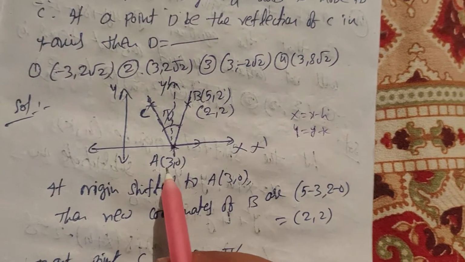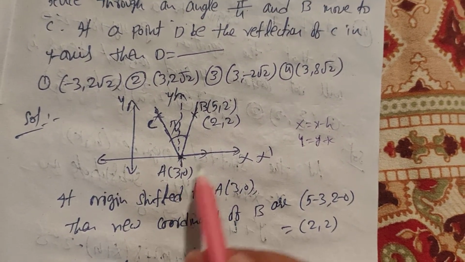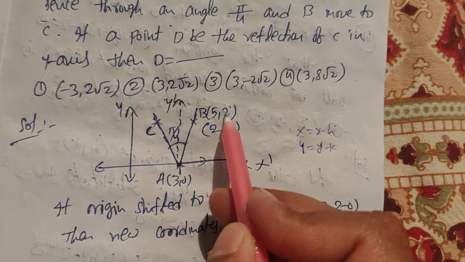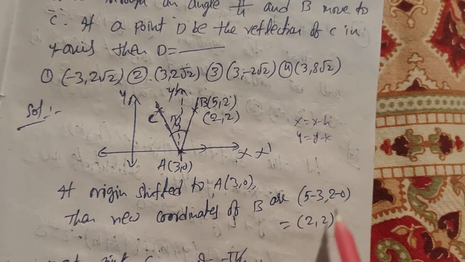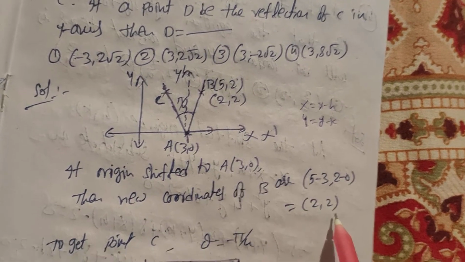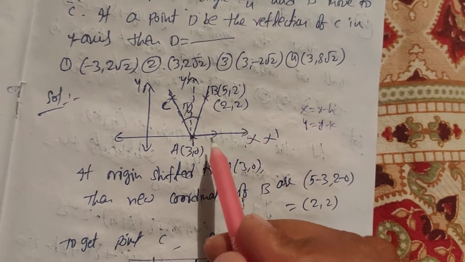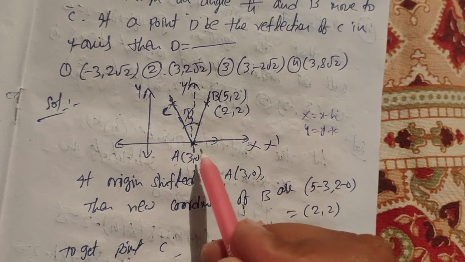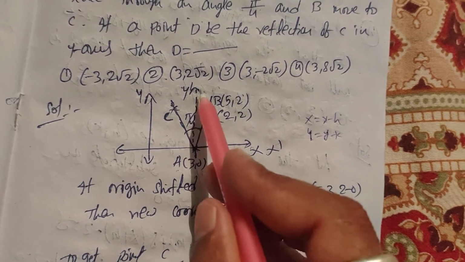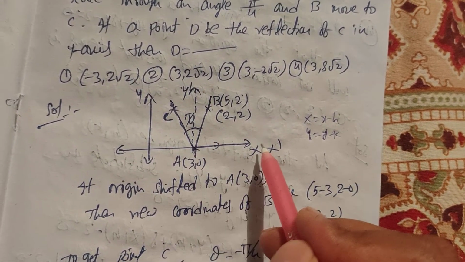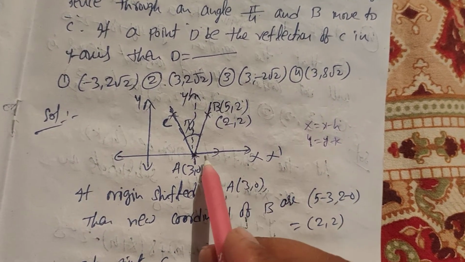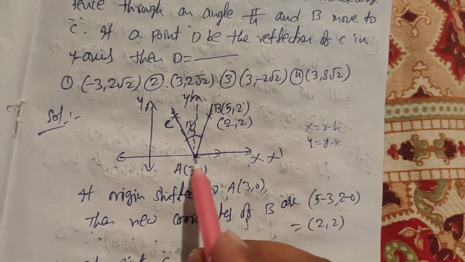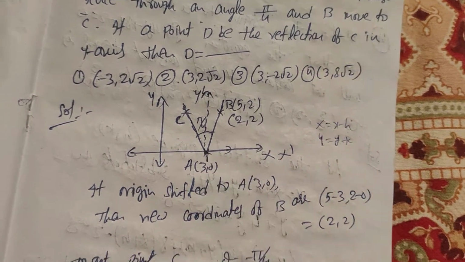Here (3, 0) is (h, k) and (x, y) is (5, 2). So this becomes 5 minus 3, 2 minus 0, that is equal to (2, 2). So this is point B according to the new coordinate axis. This is y dash and this is x dash. X and x dash are the same because it is on the x-axis only, A(3, 0).